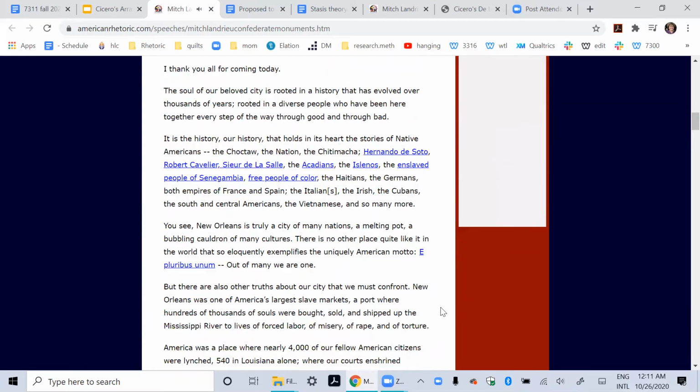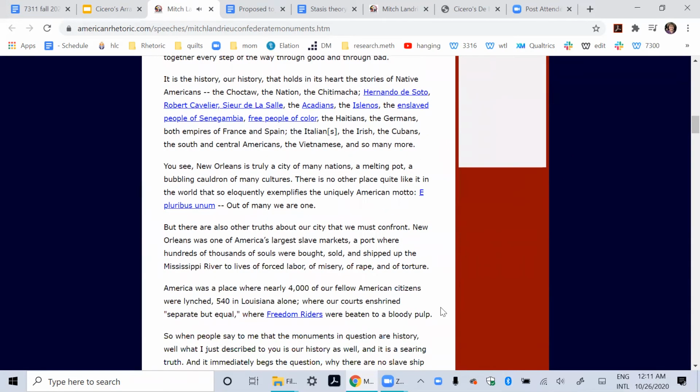You see, New Orleans is truly a city of many nations, a melting pot, a bubbling cauldron of many cultures. There is no other place quite like it in the world that so eloquently exemplifies the uniquely American motto, e pluribus unum, out of many we are one.